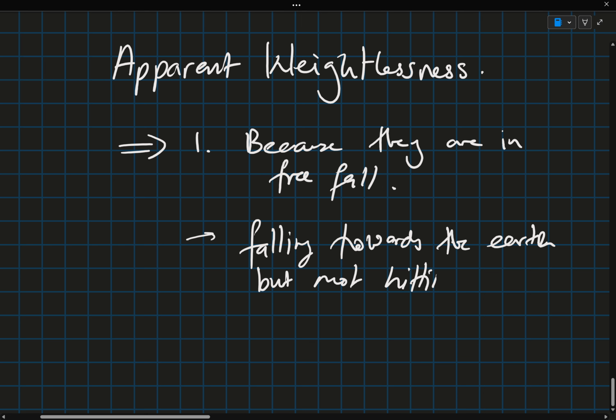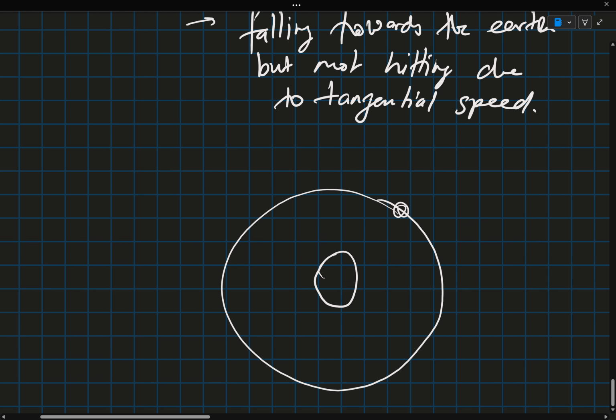What do we mean by that? We're saying here now that when the astronauts are moving around the Earth in some vessel, yes, they are going to be falling towards the Earth, but due to their tangential speed, all right, remember their orbital speed, tangential speed, v, they're not going to actually be hitting the Earth.